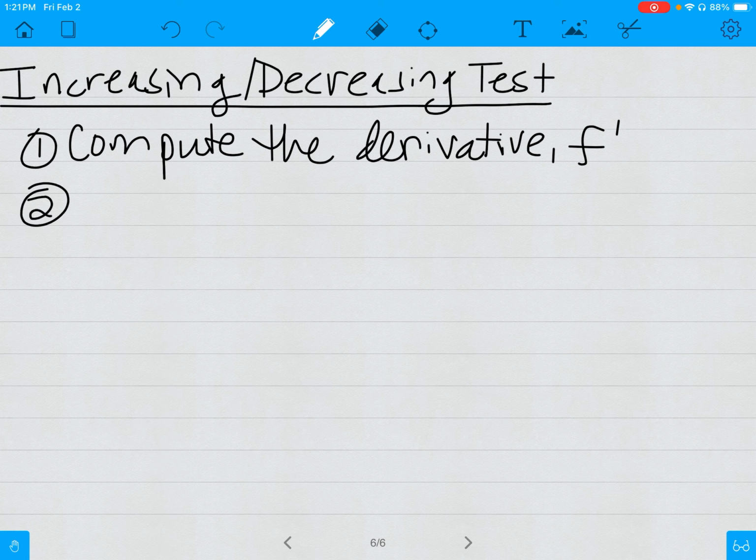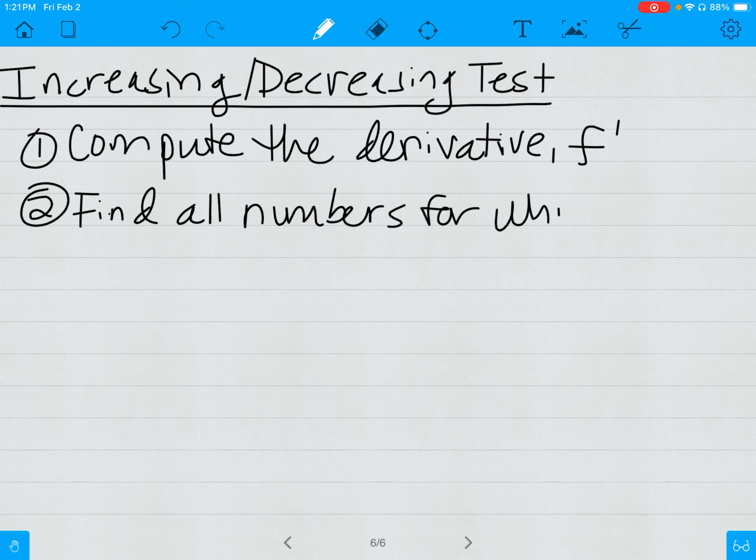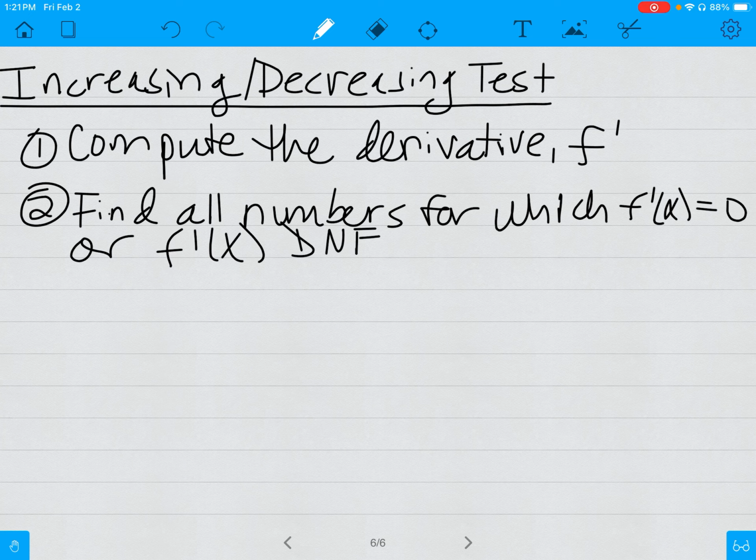Step two, we want to find all numbers for which f prime of x equals 0 or f prime of x does not exist.